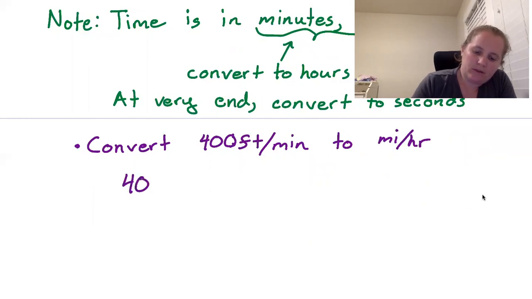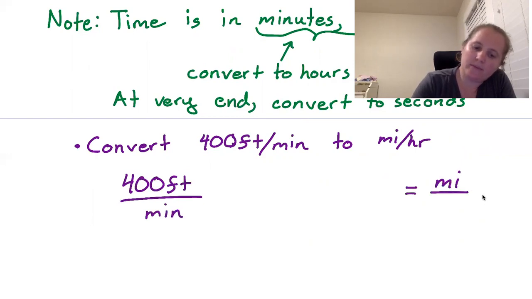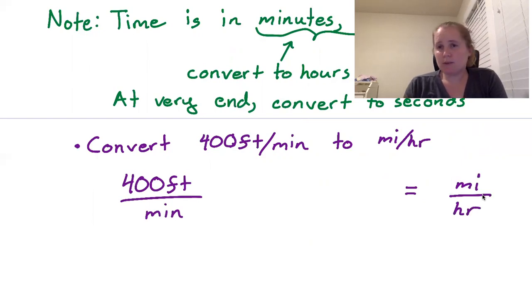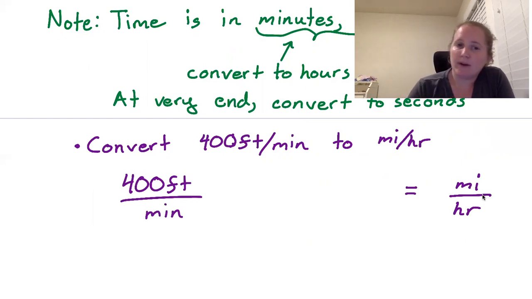So we have our initial units, and then we have our target units of miles per hour. What we need to do is have units cancel out using conversions equal to 1, so that we wind up with miles per hour.